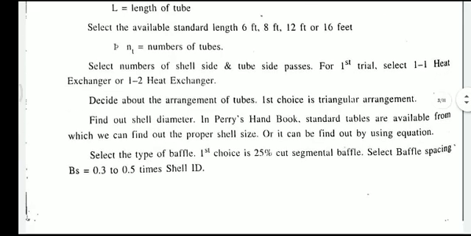Decide about the arrangement of tubes. Then the next part is to decide the arrangement of tubes. So first choice is triangular arrangement. Find out the shell diameter, okay, in the tube pitch.